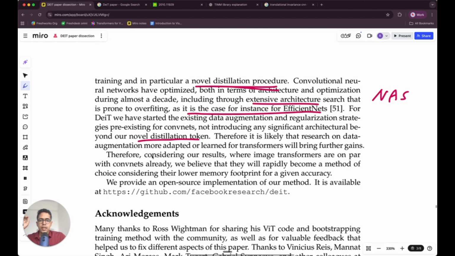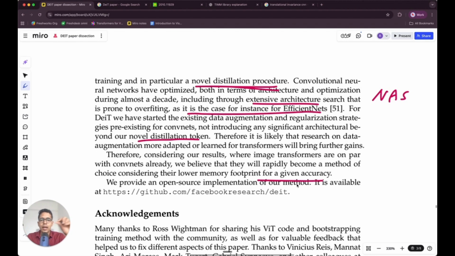That's what they're saying. Therefore, considering our results where the image transformers are on par with convnets already, we believe that they will rapidly become a method of choice, considering their lower memory footprint for a given accuracy. So for getting a given accuracy, at least data efficient image transformers have a lower memory footprint.